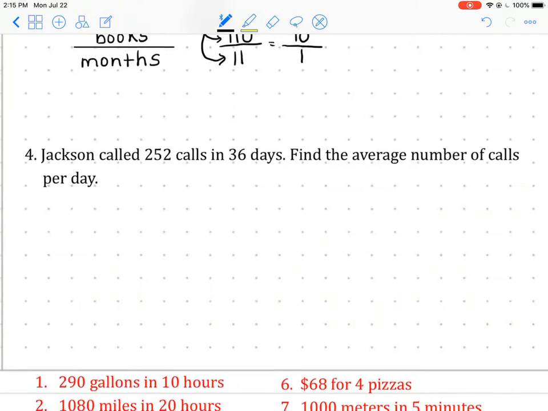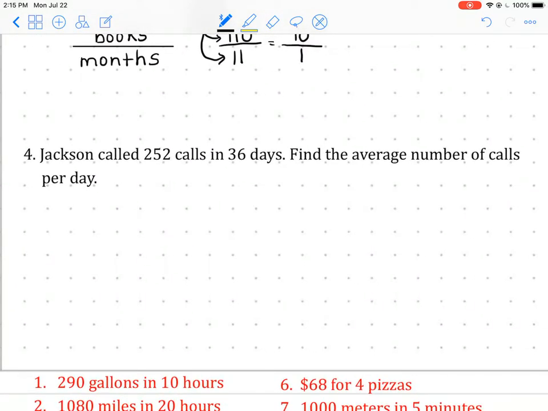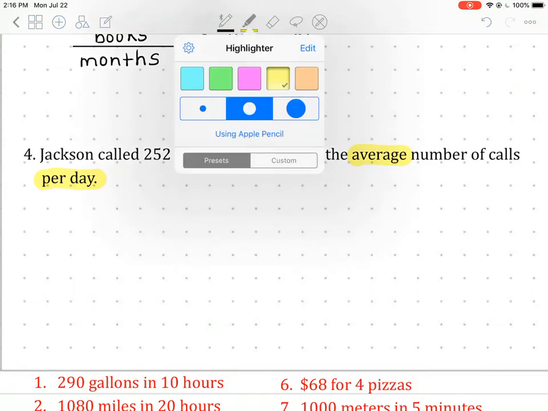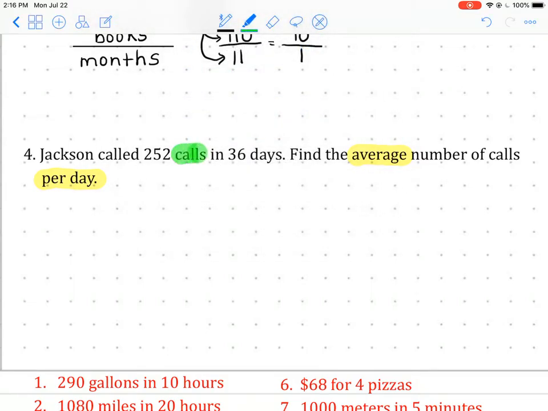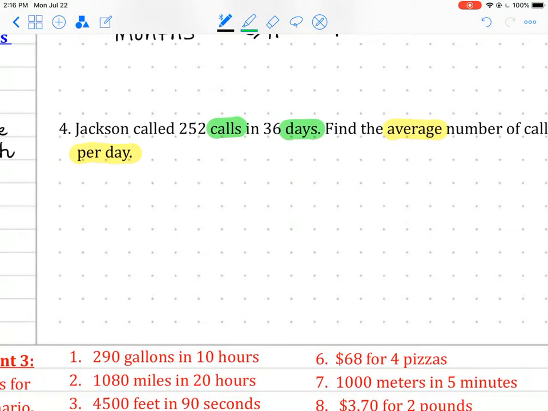Jackson made 252 calls in 36 days. Find the average number of calls per day. Well, they don't use the term unit rate, but average per day is another way of saying that. And our units this time are calls and days, and you want to put the unit of time on the bottom.